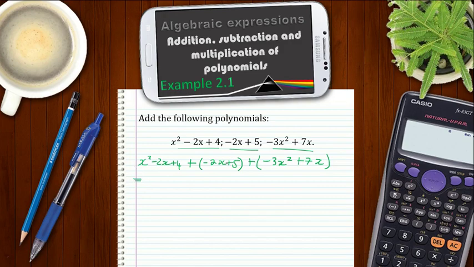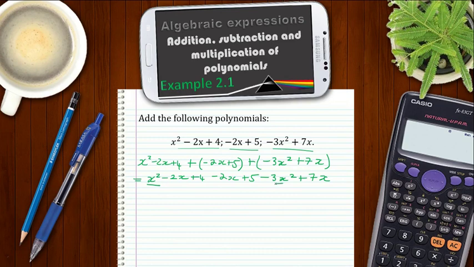So now let's just get rid of the brackets. Now, with this plus sign, if I multiply in a plus sign, the signs just stay the same. So this is just basically going to be x squared minus 2x plus 4 minus 2x plus 5 minus 3x squared plus 7x.